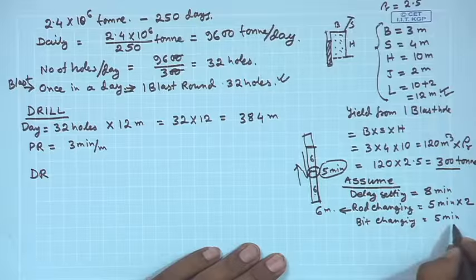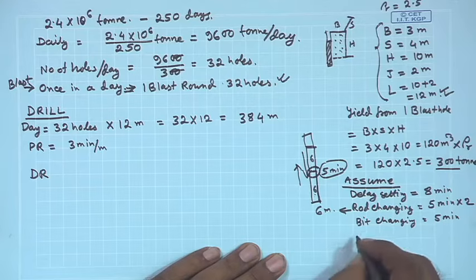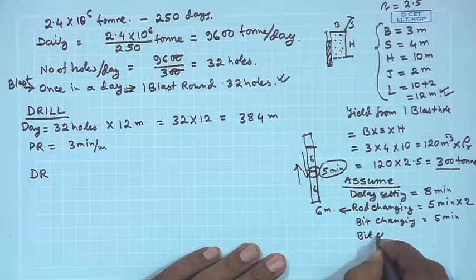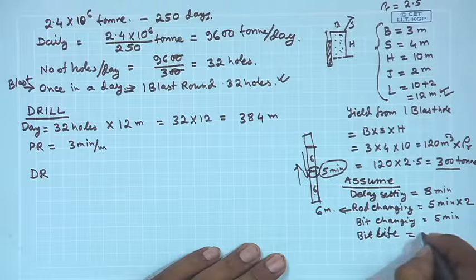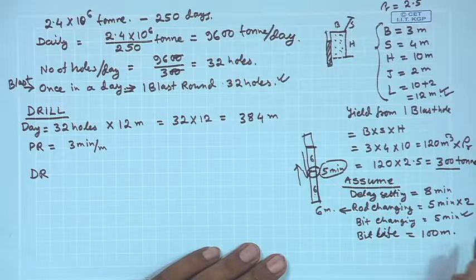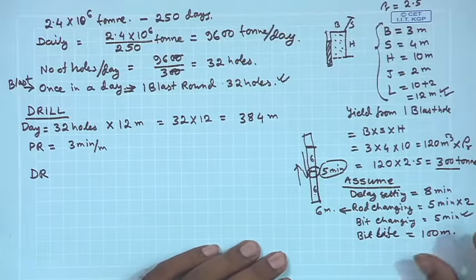Bit changing time delay is given as 5 minutes. So, we have to know the bit changing interval. So, bit changing interval, say bit life, let us consider just like the previous class, 100 meters. So, this 5 minute delay may be witnessed in every 100 meter of drilling.